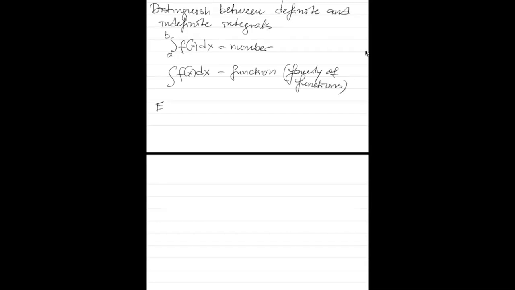Example, integral x squared dx is equal to, so the antiderivative of x squared, we already know it's x to the third over 3, plus c, where c is a constant, and that's true because we can check it. So the derivative of our antiderivative is equal to 3x squared over 3, exactly x squared.